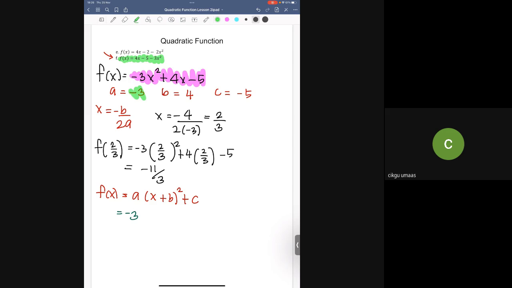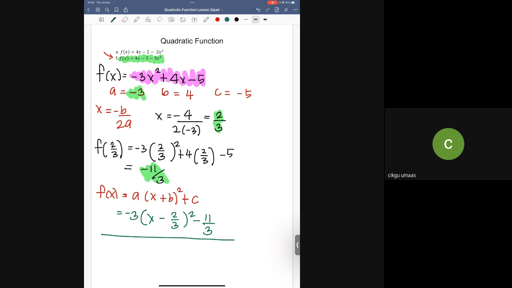This is the A. The one inside the bracket is going to come from here, but in the opposite direction: x minus 2 over 3 squared. And the C comes from exactly the answer, negative 11 over 3. Once I convert, I've already got the vertex from this.